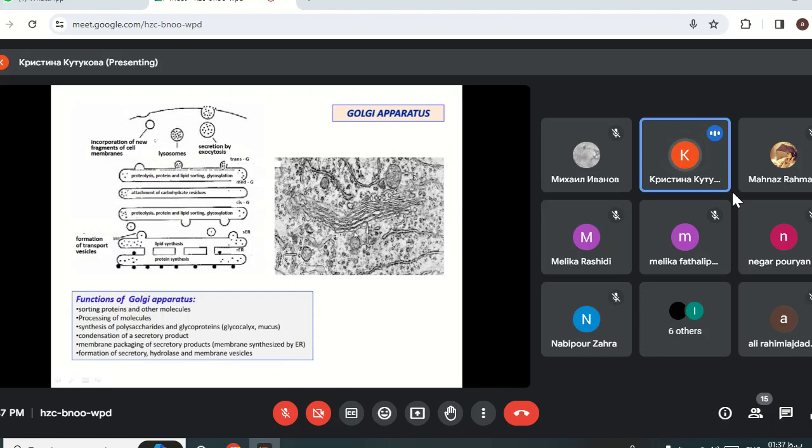The cis portion of Golgi apparatus is exchanging vesicles with smooth and rough endoplasmic reticulum. So everything which is synthesized inside rough and smooth endoplasmic reticulum then goes inside vesicles towards the Golgi apparatus, where these synthesized molecules are next changed somehow.